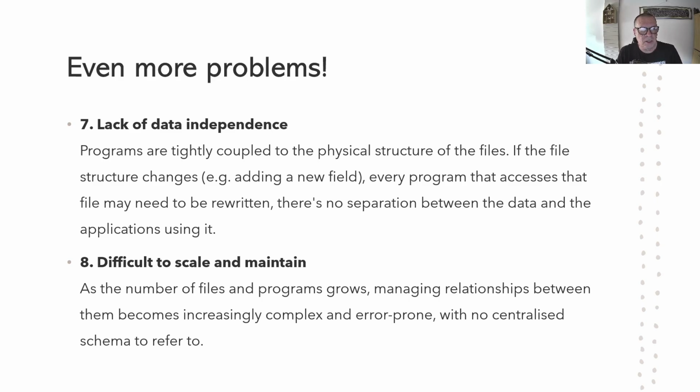Number 8, it's difficult to scale this and maintain. If we keep adding new files and new programs, it becomes very complex. The relationships between the files and the programs become rather difficult to track, and there's no central schema to refer to, i.e. there's no central design that all these programs and files should be following.